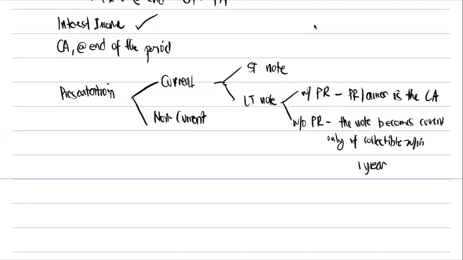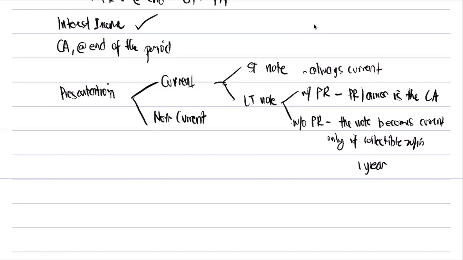Okay? Again, the presentation, if short-term note, always current. How about a long-term note? So we look whether the long-term note is with principal repayment or without principal repayment. If it's with principal repayment, the principal repayment or amortization is the current amount. And if that is a long-term note without principal repayment, the note becomes current only if collectible within 1 year.